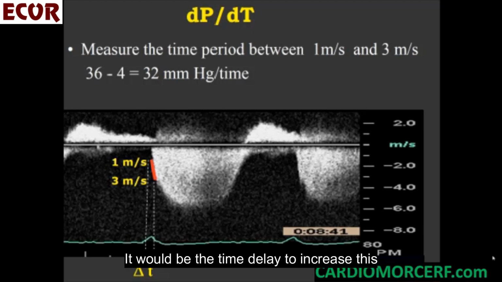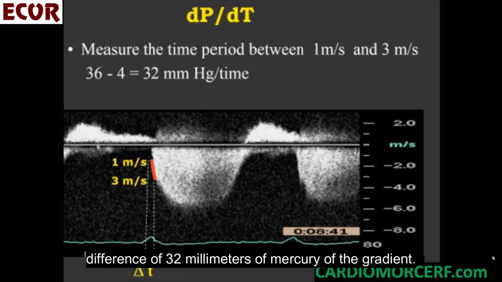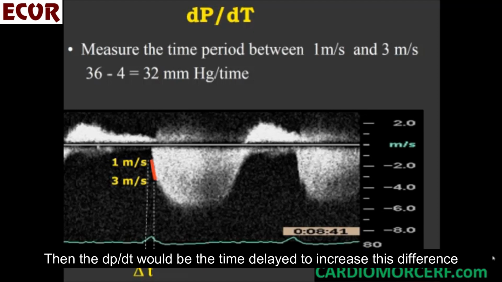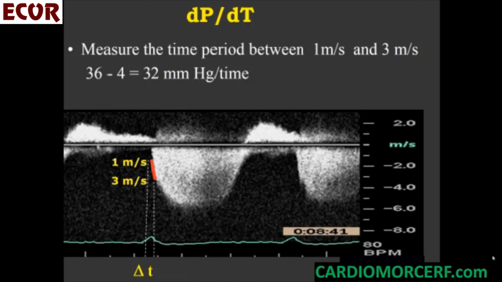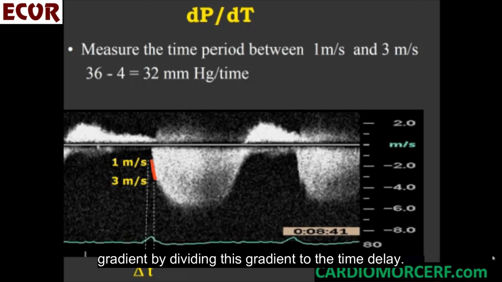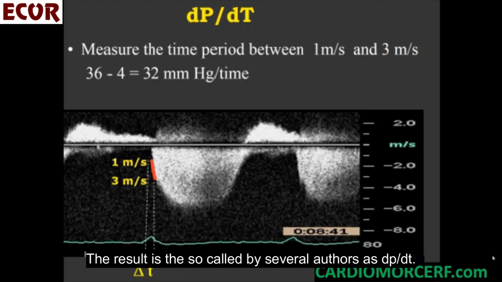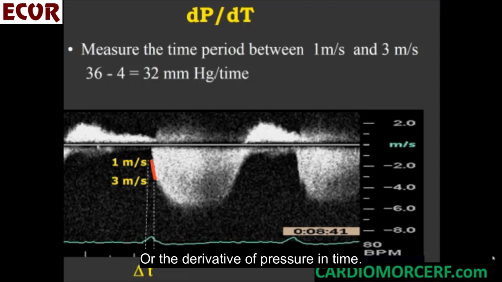It would be the time delay to increase this difference of 32 millimeters of mercury of the gradient. By dividing this gradient by the time delay, the result is what several authors call dP/dt, or the derivative of pressure and time.